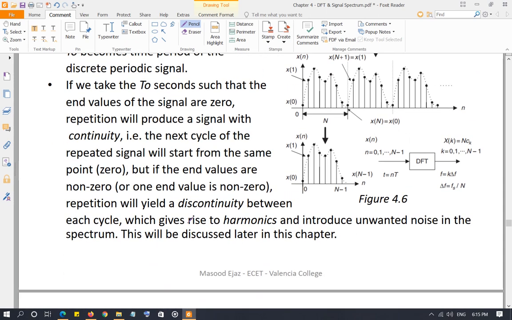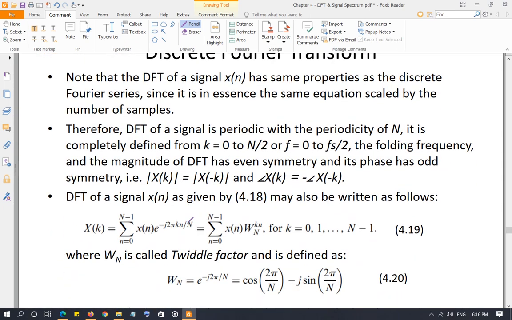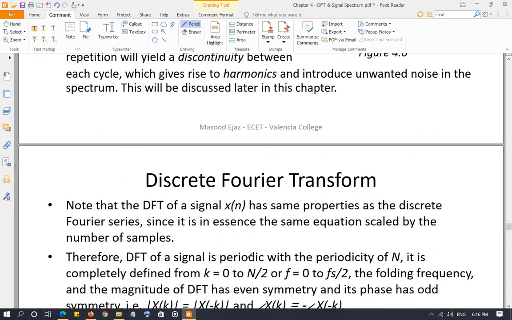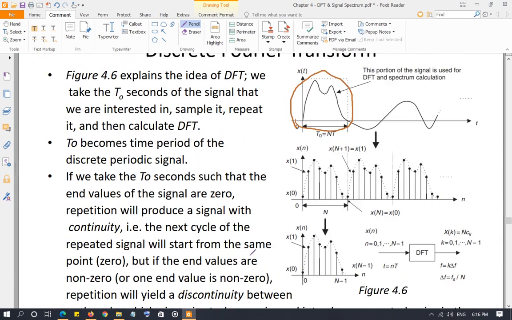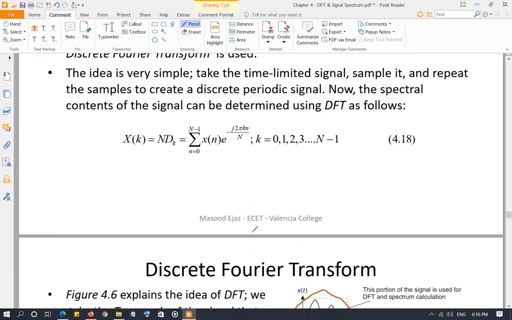As far as the formula is concerned, you take the Fourier series formula and you basically multiply the Fourier series by N. Where is it? Right here. You take the Fourier series d_k and you multiply d_k by N. So basically you are scaling the Fourier series.